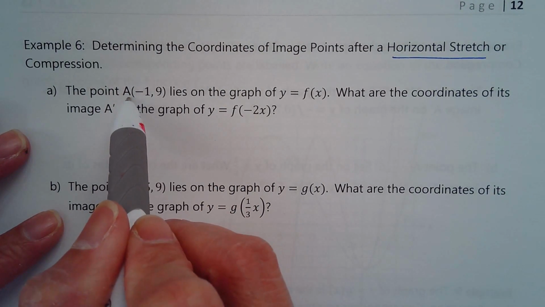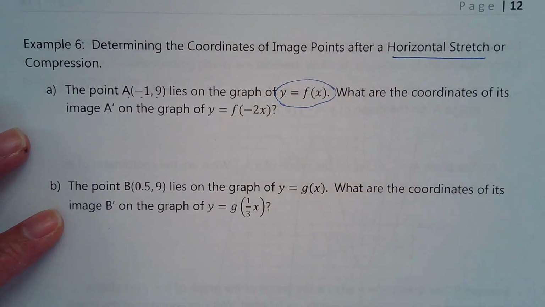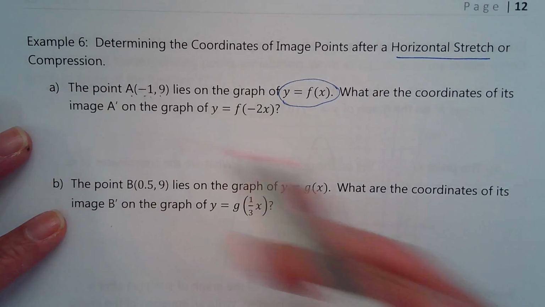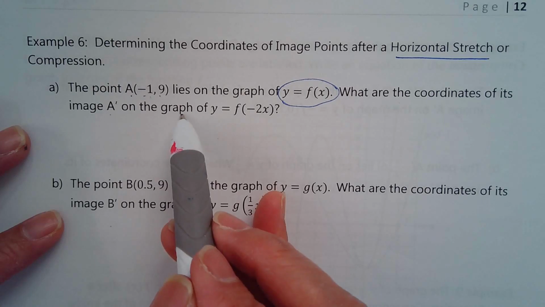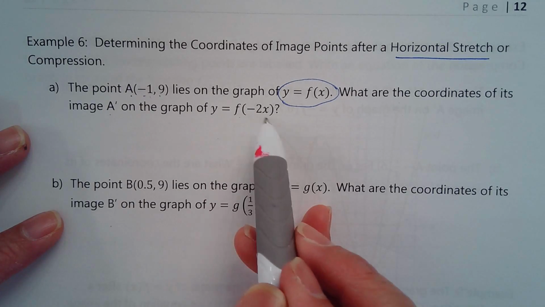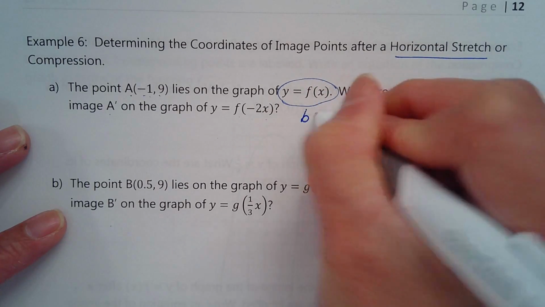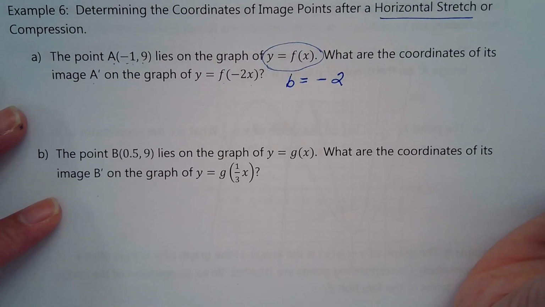So the initial point, negative 1, 9, lies on a graph of y equals f of x. We don't know what f of x is, but we know that it includes negative 1, 9. What are the coordinates of its image A prime on the graph of f of negative 2x? So that means b is equal to negative 2, right?